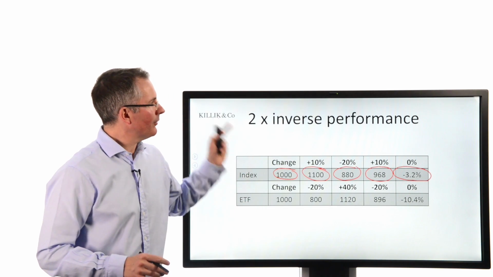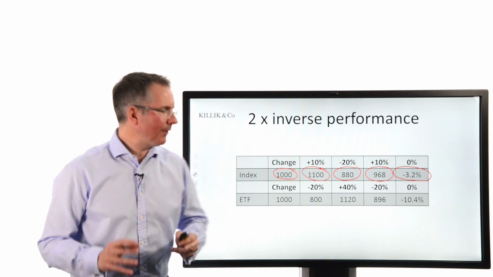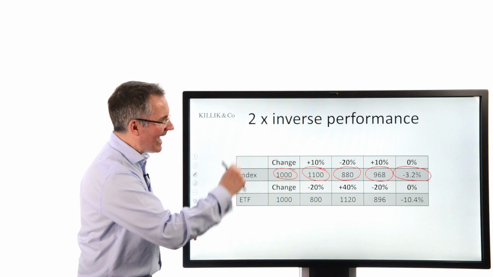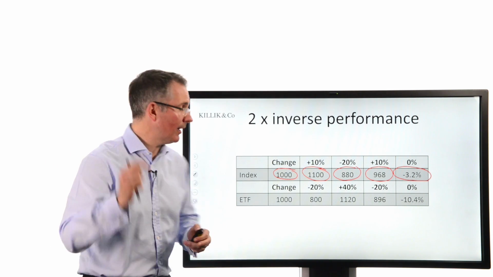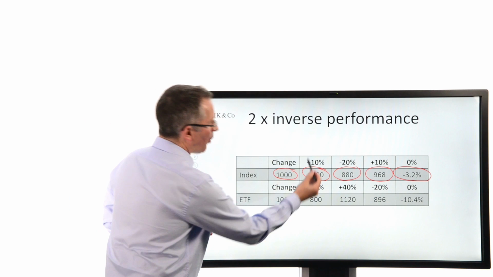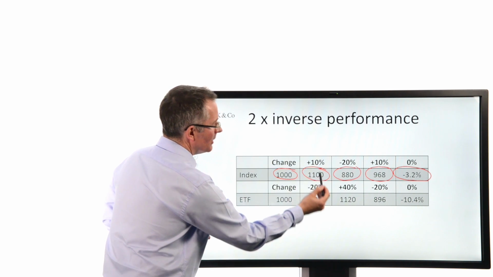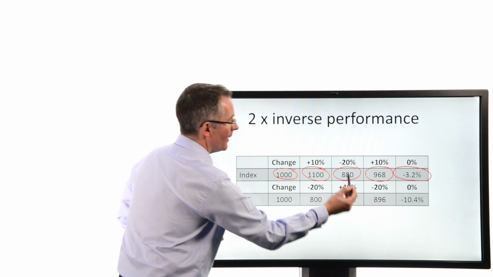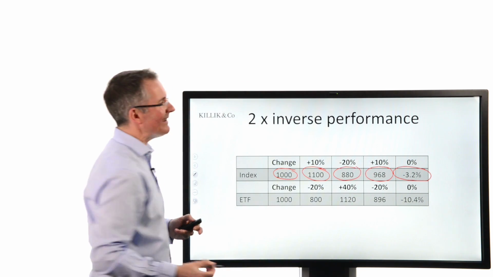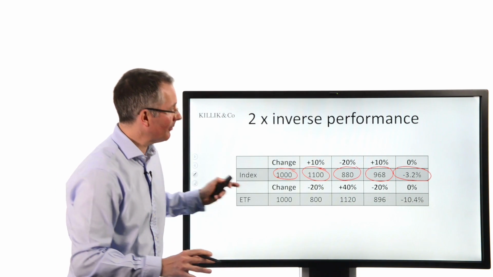Now, let's look at the 2 times inverse ETF. What's going on here? Well, if each day you recalculate the change in the index, or each period, which is how they work, this is what happens. Twice a 10% change is 20, inverse minus 20. Twice minus 20, inverse is plus 40. And twice 10 positive is minus 20. So the percentages look all right.